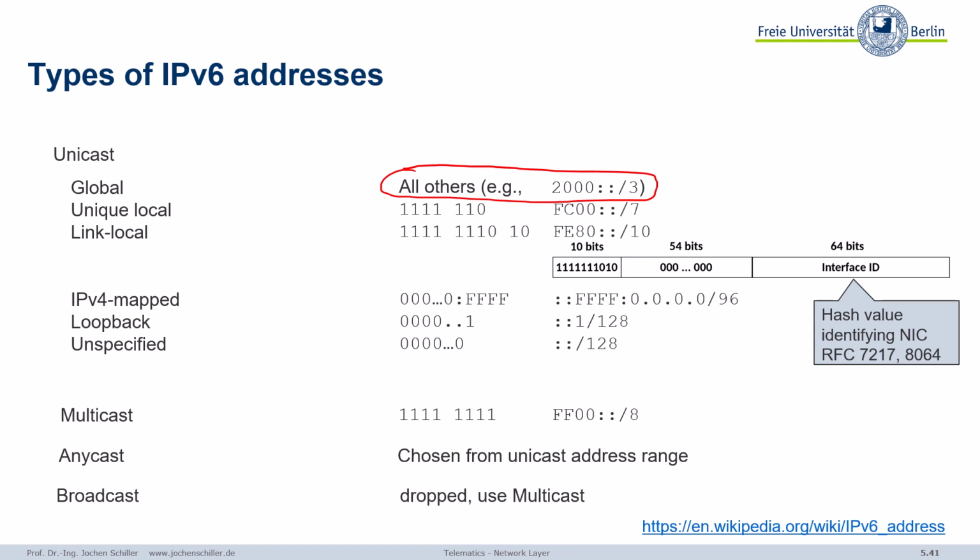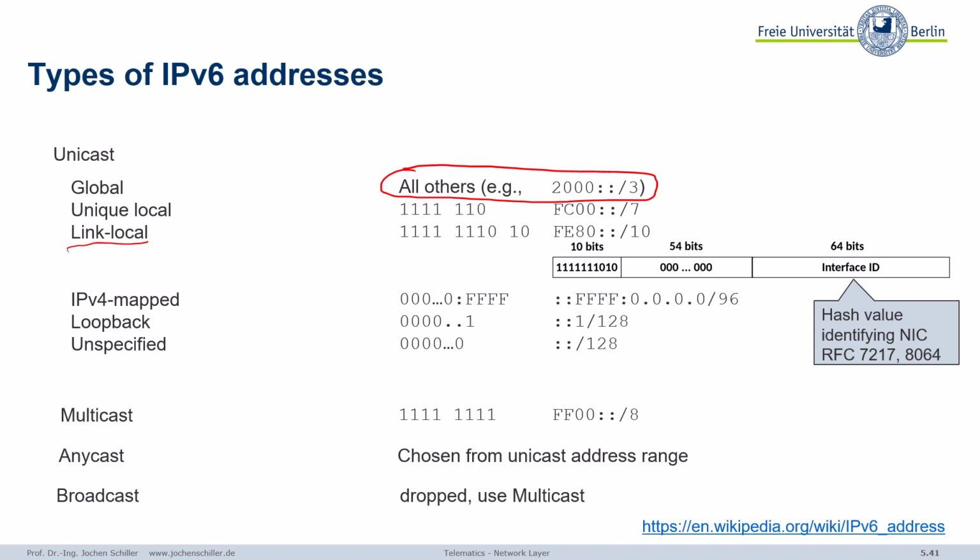Link local addresses, that's something special. A link local address is an interesting feature. All the interfaces of IPv6 hosts have a link local address that always starts with this prefix FE80/10. Well, we have 10 bits, and then many zeros, typically 54 bits that could be used for subnetting, typically set to zeros, and then an interface identifier.